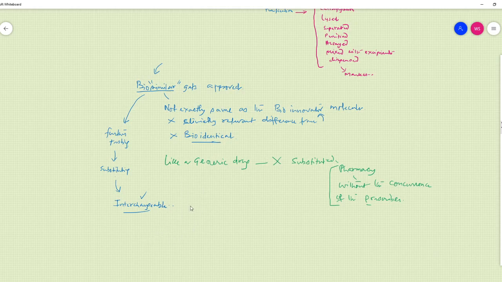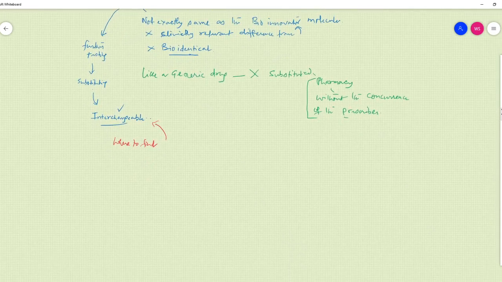So how do we know where to find this information, whether the biosimilar is bio-identical and it can be interchanged? There is something called the Purple Book.